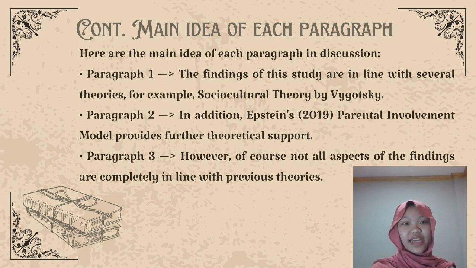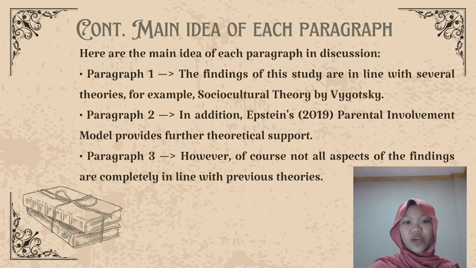Okay, and here are the main ideas of each paragraph in the discussion. In paragraph 1, the main idea is the findings of this study are in line with several theories, for example, socio-cultural theory by Vygotsky.